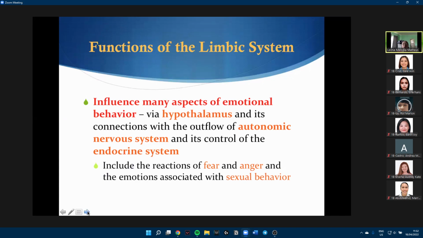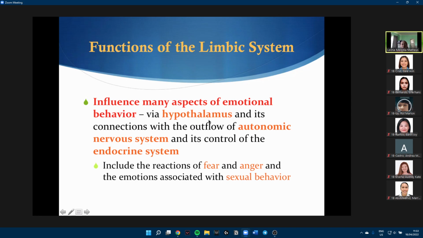Now, as to functions, the limbic influence many aspects of emotional behavior, no? Specifically through the hypothalamus, its connection with the autonomic nervous system, and its control with the endocrine system. So there are 3 systems, no, that are related to your limbic here, no?